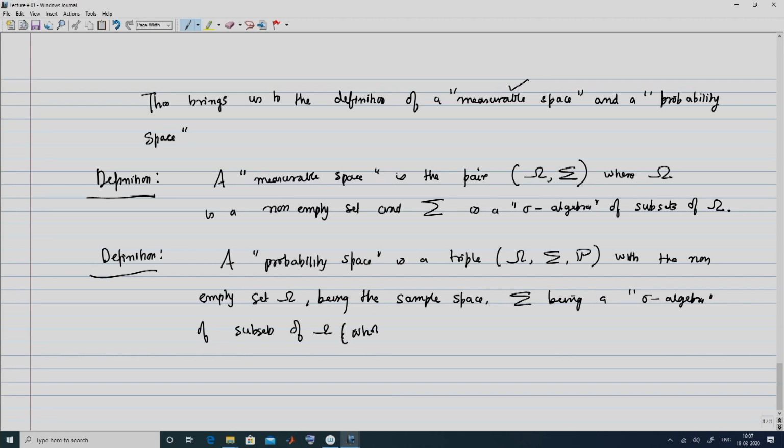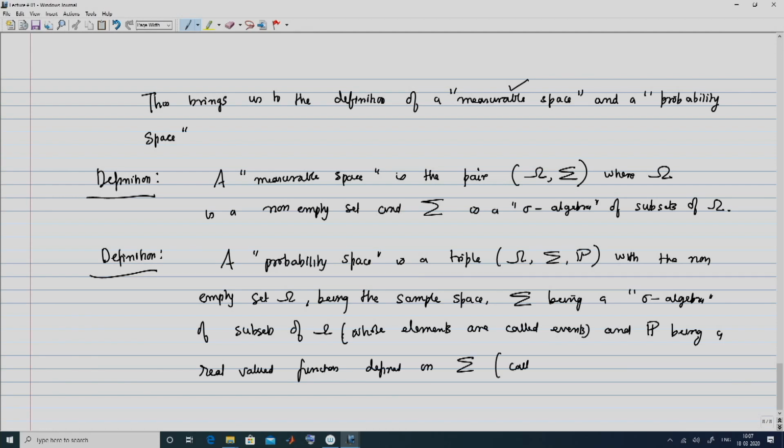whose elements are called events, and P being a real valued function defined on sigma and called a probability measure.